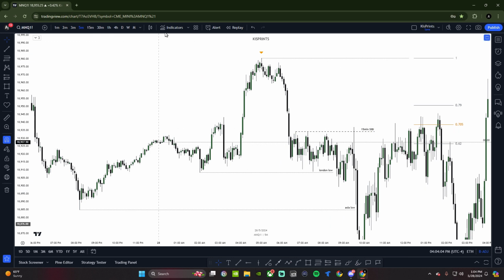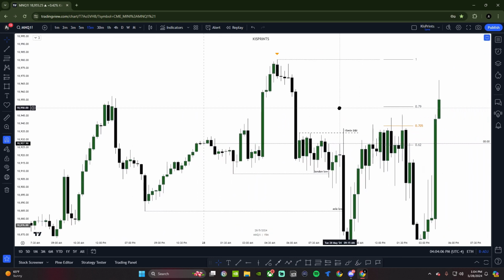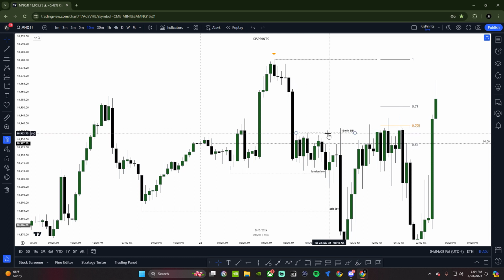Now, I'm going to mark out this 15-minute SIBI here, which, if I go on the 15-minute time frame, was left unmitigated, untapped, leaving, as some may call it, smooth edges right here. We have relative equal highs formed here. New York open at 9:30, we wick higher, which would be the manipulation into the 15-minute imbalance.